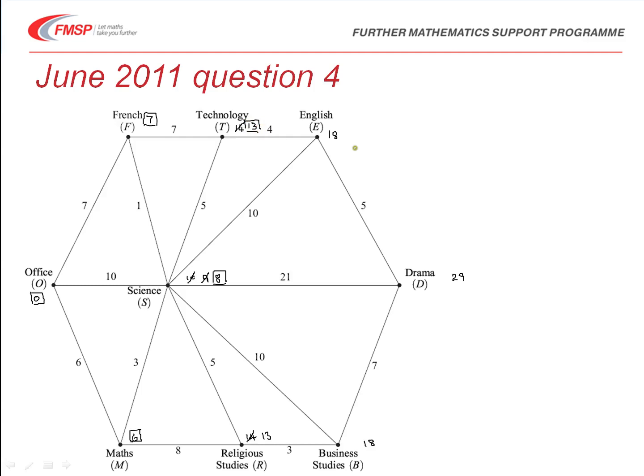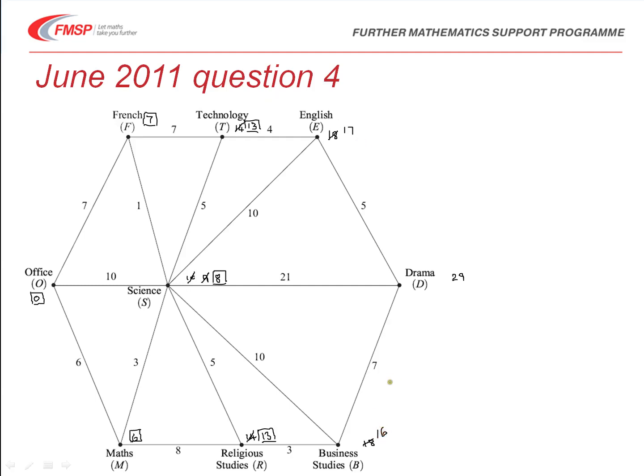13 plus 4 gives us 17, so that's an improvement on the English score of 18. Nothing else to do now, but again compare. We've got 17, 18, 28, so the 13 is again the smallest, so we can box this one. 13 and 3 makes 16, so that now makes this one 16.